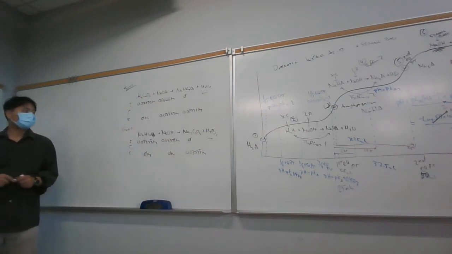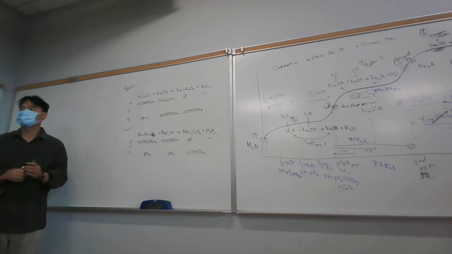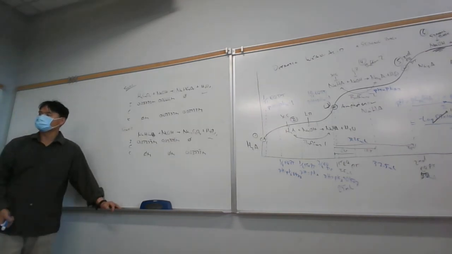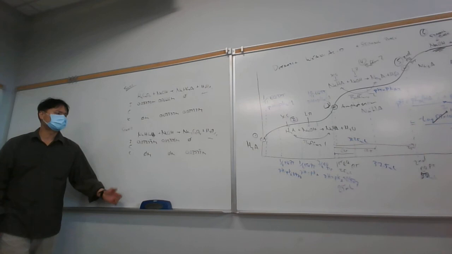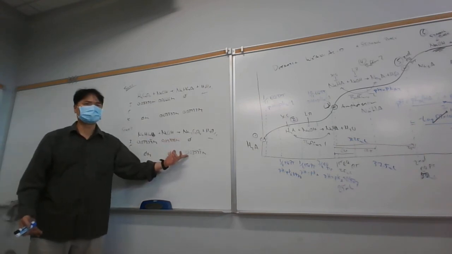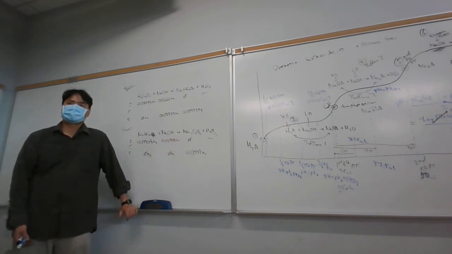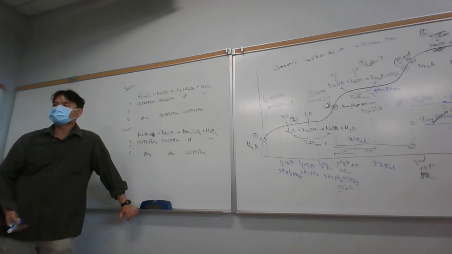Okay, now after step 2, we look at what's left over. Do we have a Henderson-Hasselbalch buffer left over? No, because we have the base, we don't have the acid. And so this is not Henderson-Hasselbalch. So if it's not Henderson-Hasselbalch, then we're going to just take the strongest acid and react it with the strongest base.